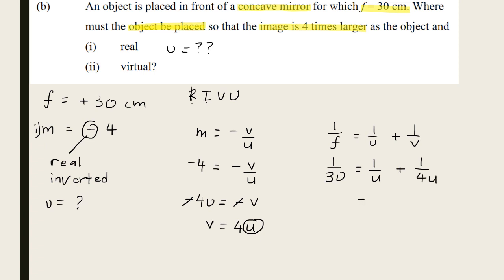Okay, so times 4. Let's make the denominator the same number. So I'll get 4 plus 1 over 4u equals 1 over 30. And 5 over 4u equals 1 over 30.